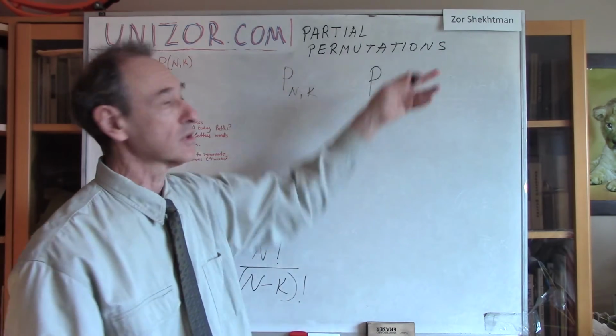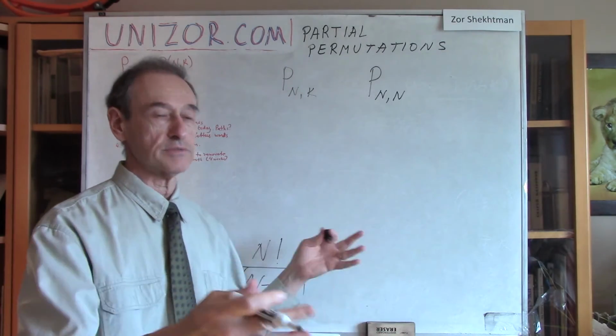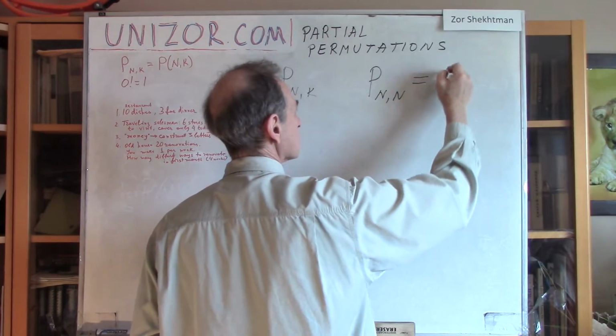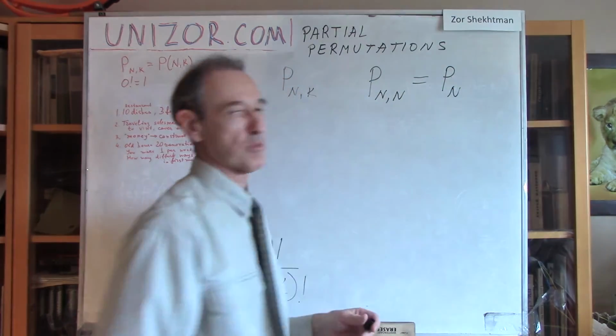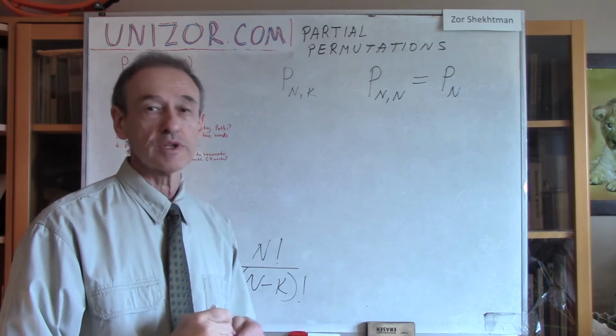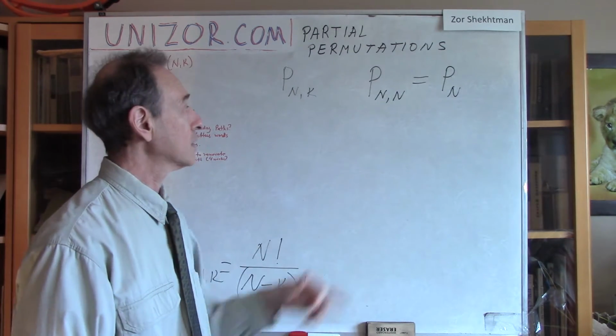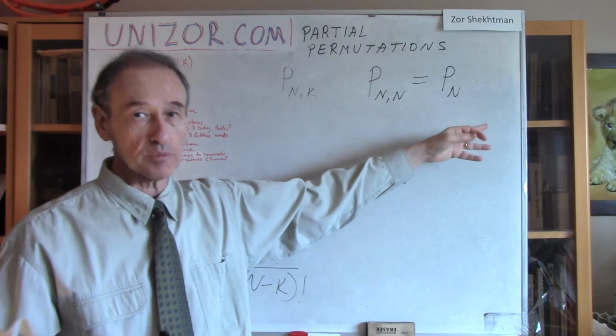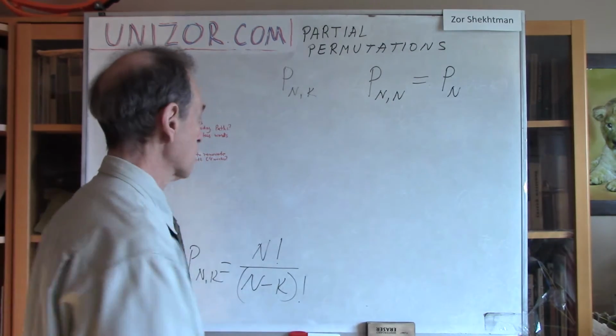That's all the different regular permutations the set of n objects can have, right? So this is supposed to be equal to our original formula of number of permutations of n objects, right? Partial permutations of n out of n is exactly the same as regular permutation of n objects, right?